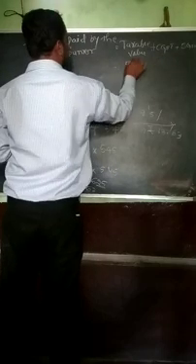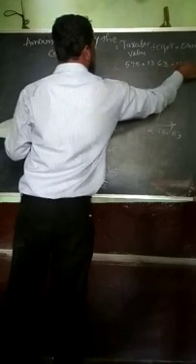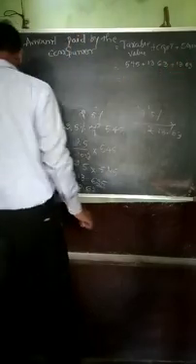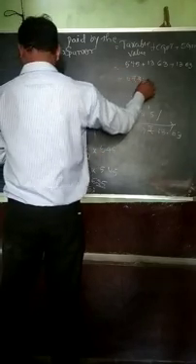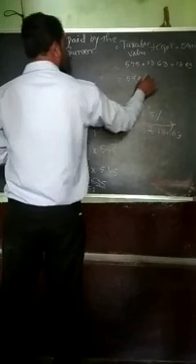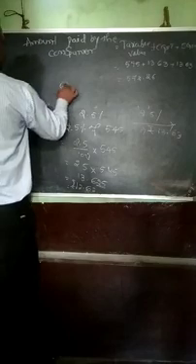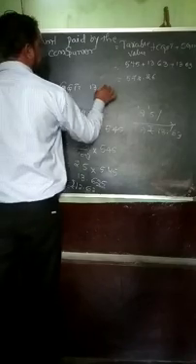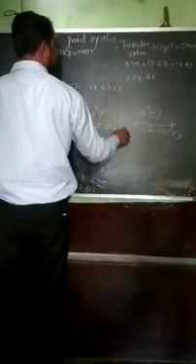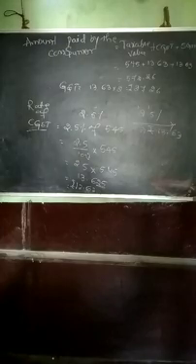Taxable value 545 is given, plus 13.63 plus 13.63, is equal to 572.26. Next we find out the total GST, which is equal to 13.63 into 2, as 27.26.